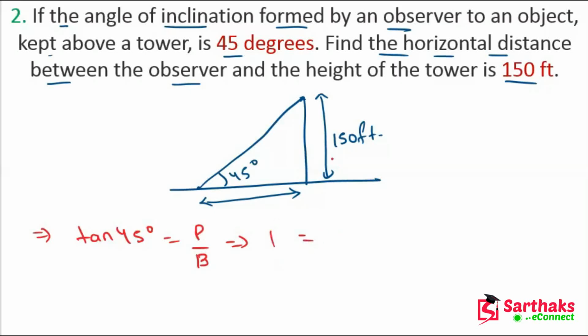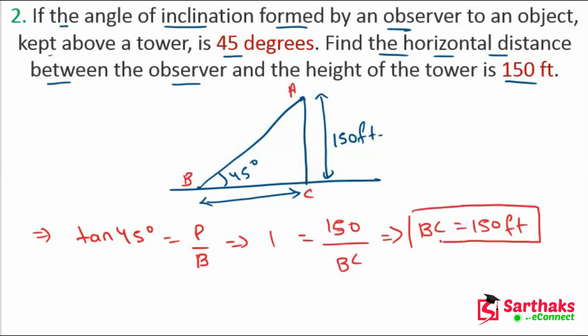And we know that perpendicular is 150 divided by base, which we have to find. Let's suppose this is A, B and C. So we have to find BC. So this will become 150 feet. So the distance between the observer and the tower is 150 feet. My dear friends, I hope you understand this concept.